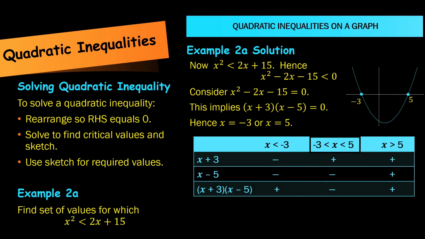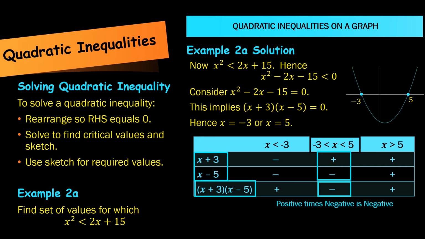If x is between minus 3 and 5, then x plus 3 is positive, and x minus 5 is negative. And if we multiply x plus 3 by x minus 5, we're multiplying a positive value by a negative value to give a negative value.